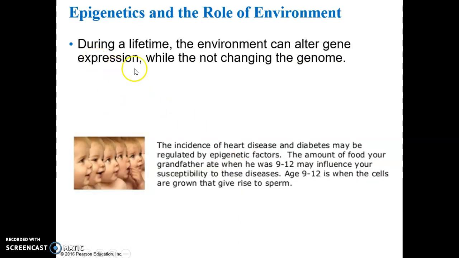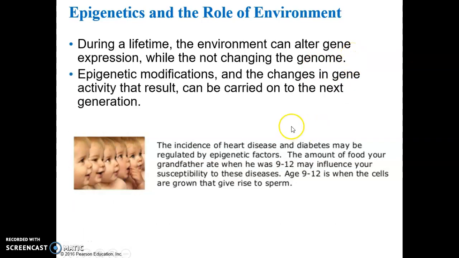So, for example, during one's lifetime, from the embryo all the way up to adulthood, the environment can alter how genes get expressed while not altering the genes themselves, not changing the genome. This is some newer genetic research that's been done.